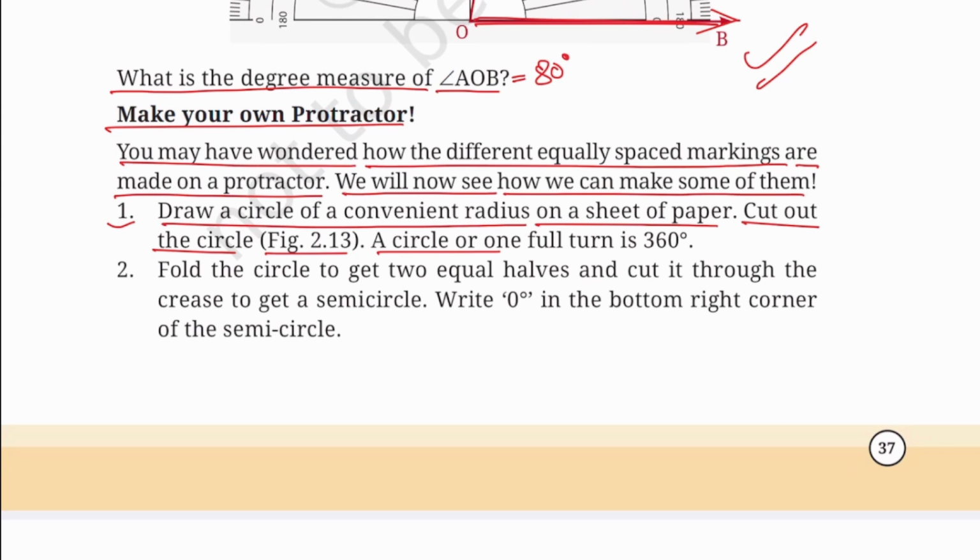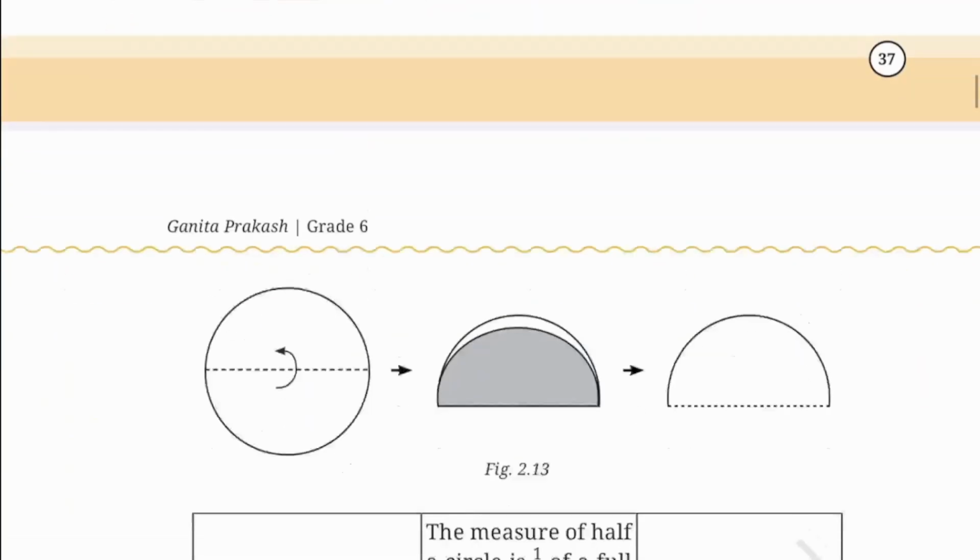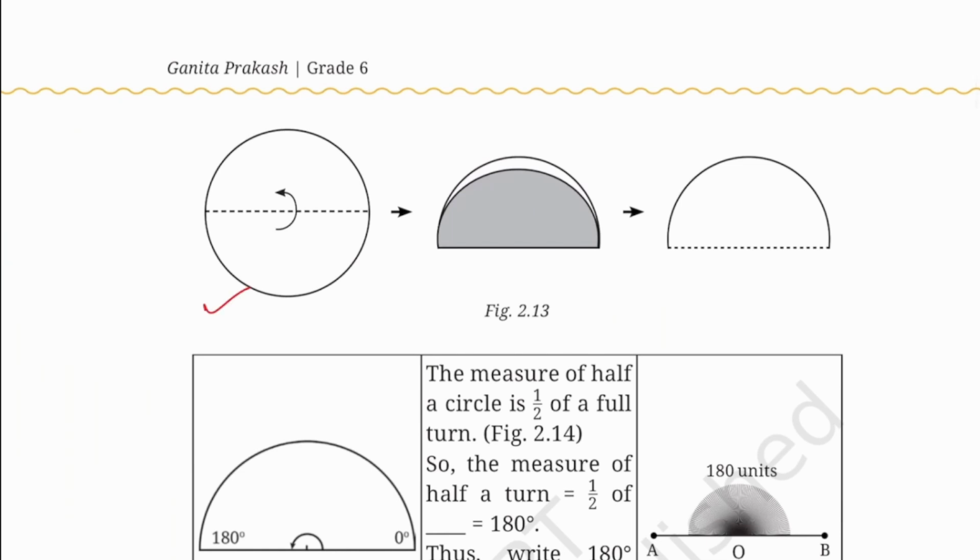A circle or one full turn is 360 degree. 2. Fold the circle to get two equal halves and cut it through the crease to get a semicircle. Write 0 degree in the bottom right corner of the semicircle, like this.